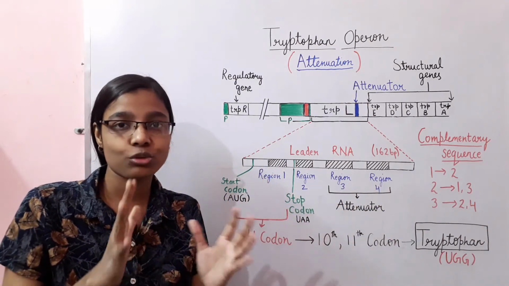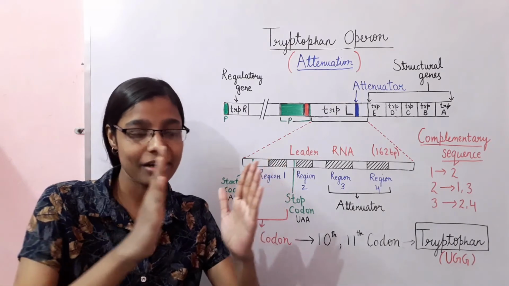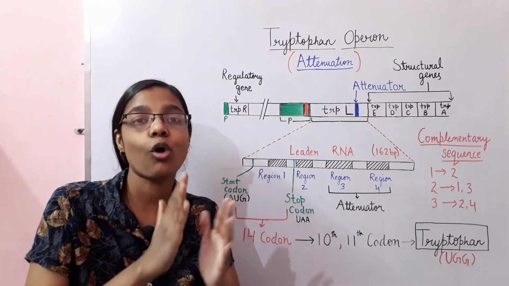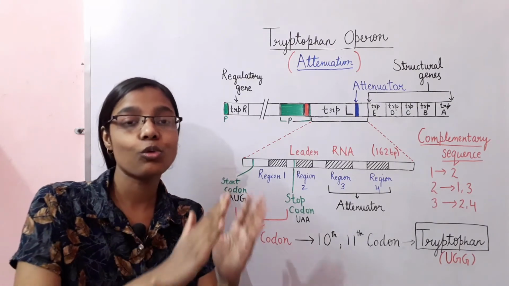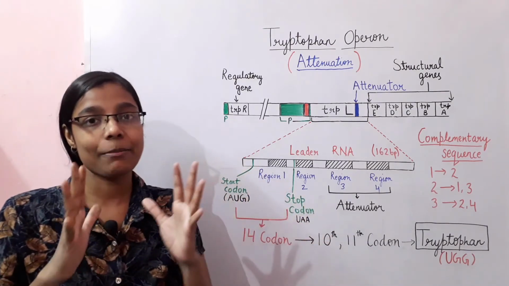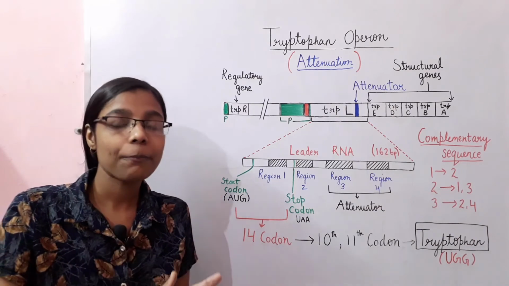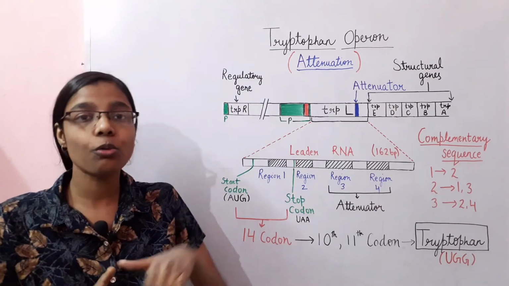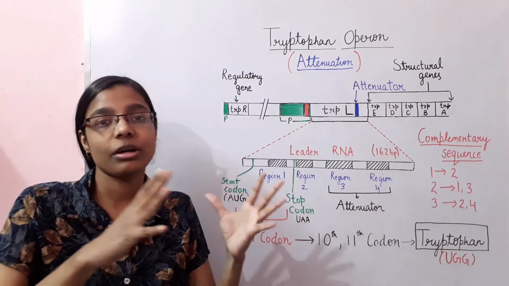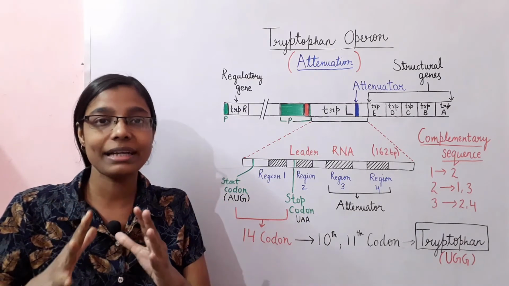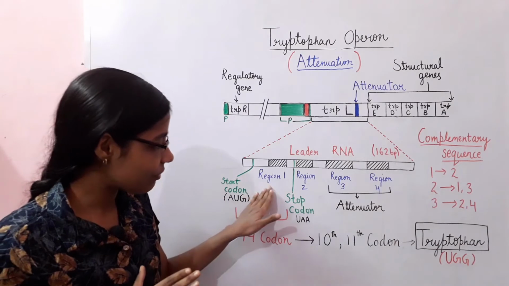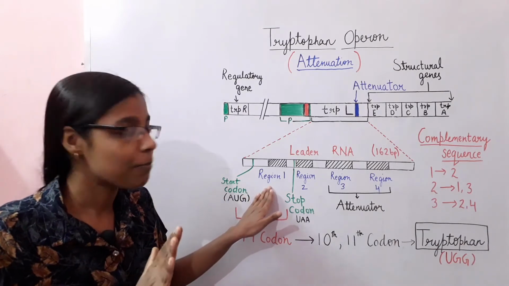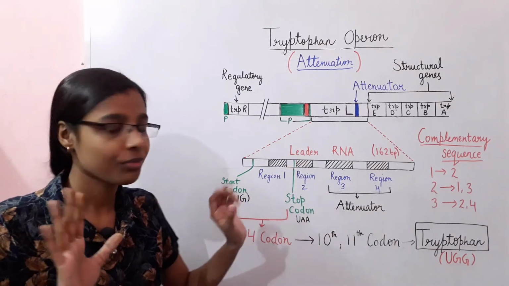Complementary sequences are those that can pair up with each other and form a characteristic loop-like structure, and that loop-like structure is very important for transcription to be continued or to get inhibited. So region 1 can pair up with region 2.